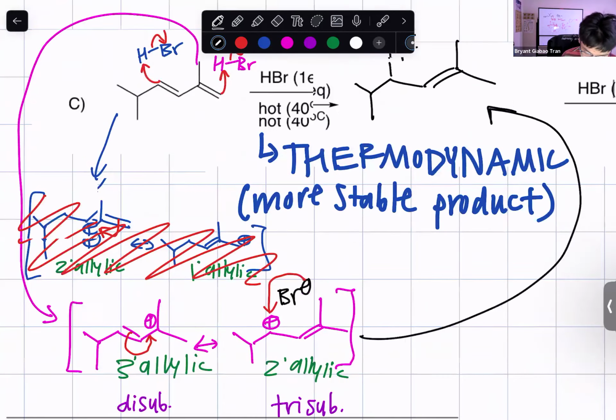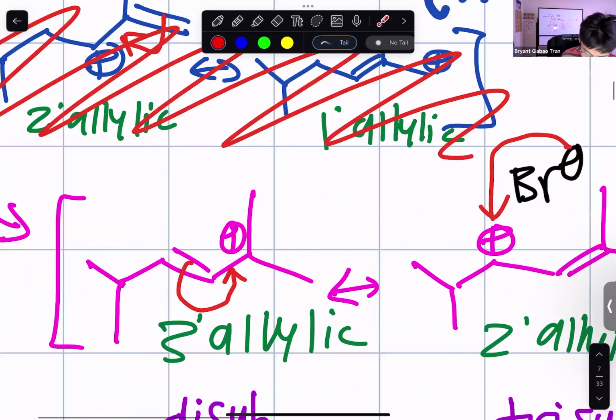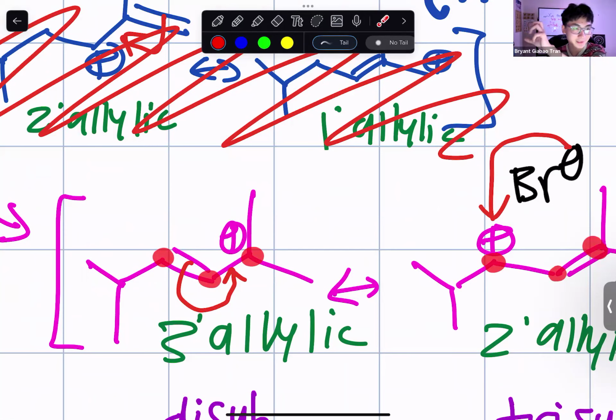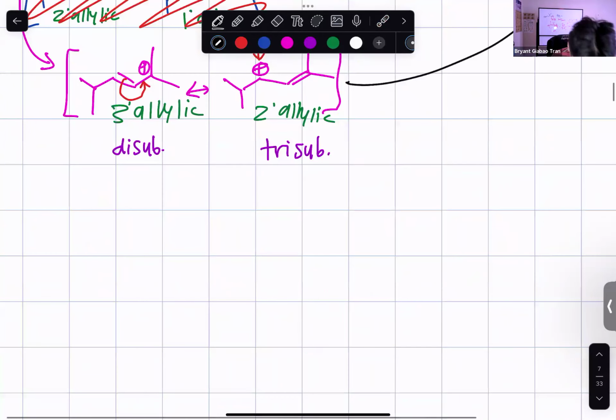A tip for that is look for a network of sp2 orbitals, sp2, sp2, sp2, sp2, sp2, sp2. If those are like in a row, like in a chain, then that's a big sign of resonance, right?